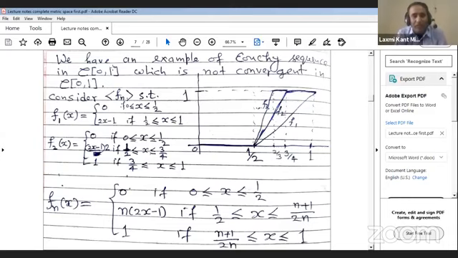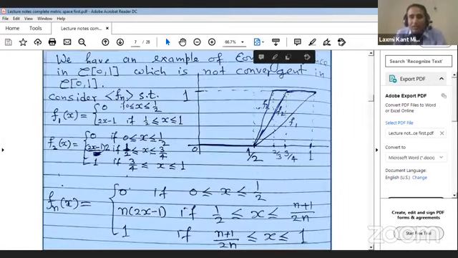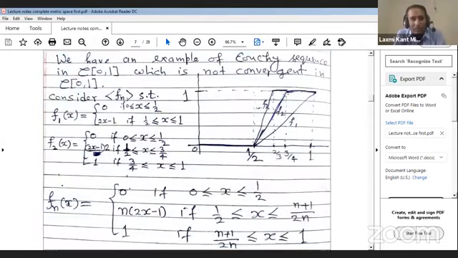We have to create this example such that it is a Cauchy sequence, but doesn't converge in the given set, the given metric space. So we just have to construct it. There is no method for how to construct, we just have to create these examples. There are several examples. I have taken one example. You can find other examples also, which are Cauchy sequences but not convergent.